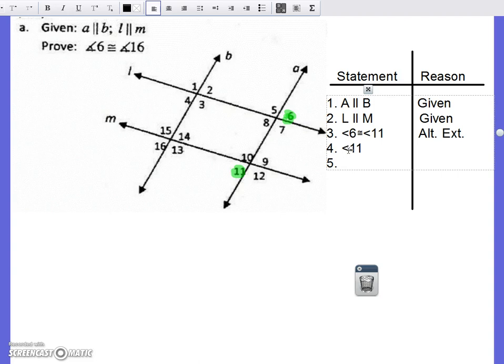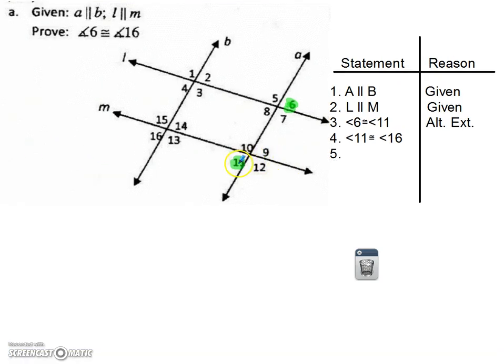Angle 11 is congruent to angle 16. We have to try to work our way into getting angle 16 in here. What would be the reason why angle 11 is congruent to angle 16?